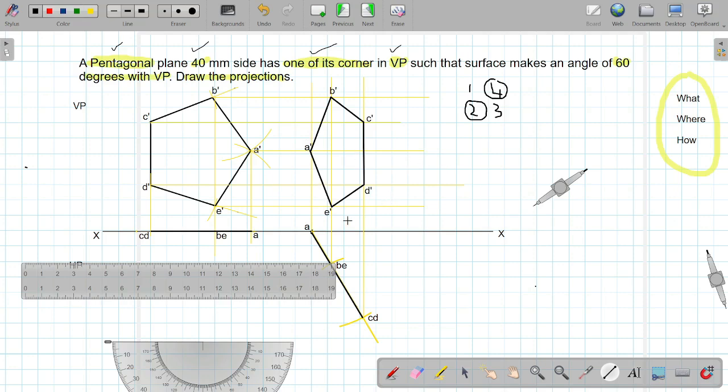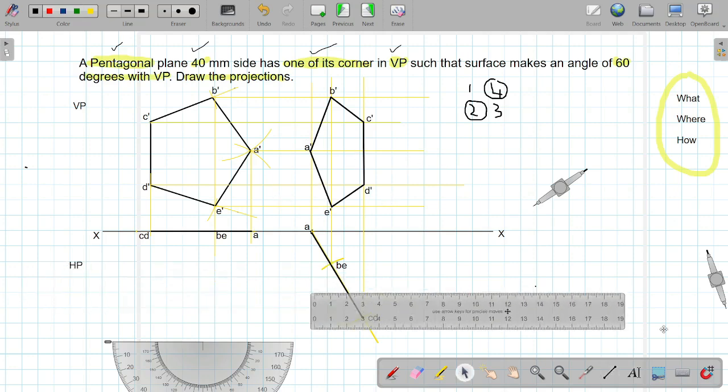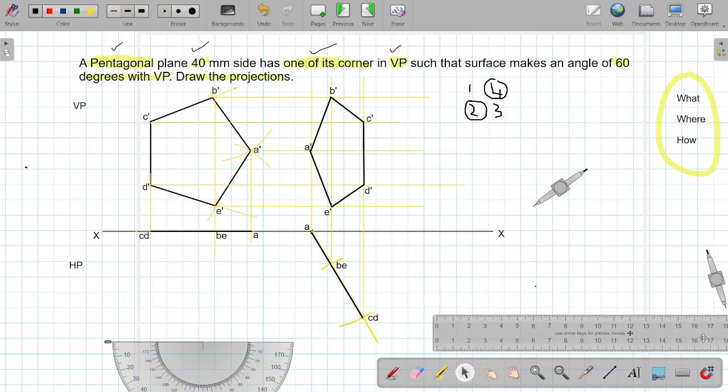Now the only thing remaining to complete this is to give the dimensions. Dimensions required are 40 mm side and 60 degrees angle.